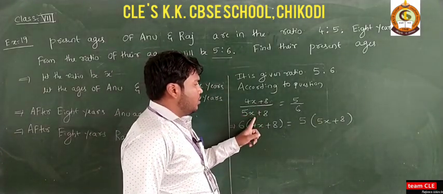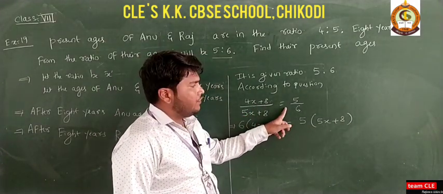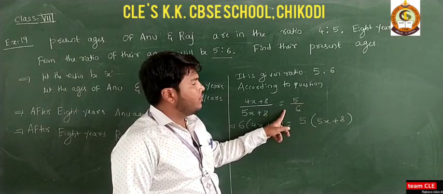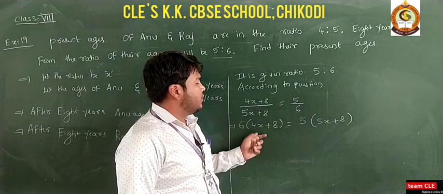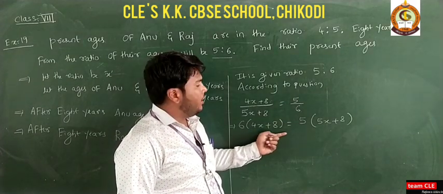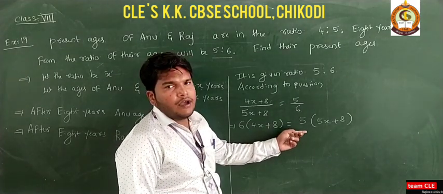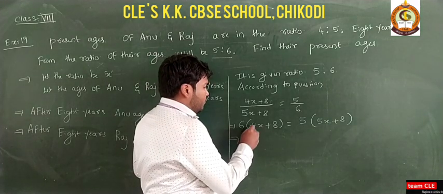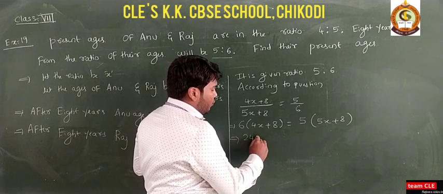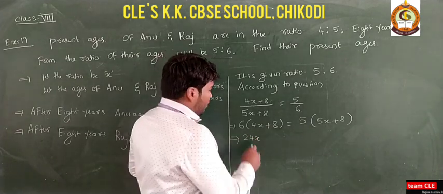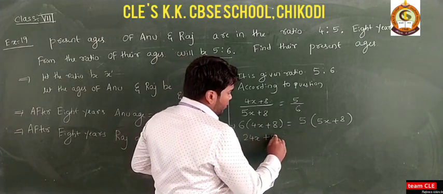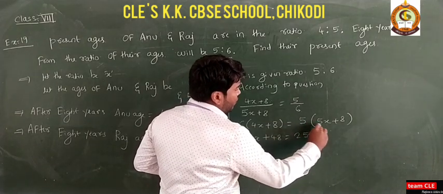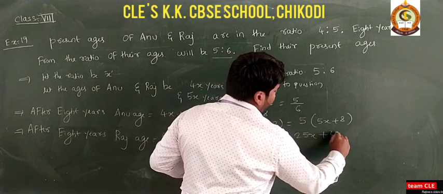(4x plus 8) whole divided by (5x plus 8) is equal to 5/6. Again first step you need to cross multiply. If you cross multiply this, you are getting 6 into (4x plus 8) is equal to 5 into (5x plus 8). Okay, so now multiply inside the bracket: 6 into 4 is 24x, 6 8s are 48, which is equal to 5 5s are 25x and 5 8s are plus 40.